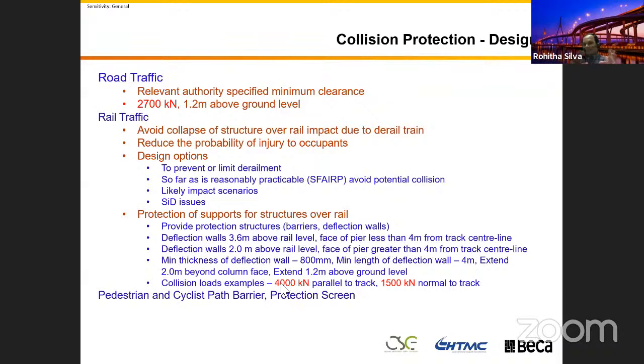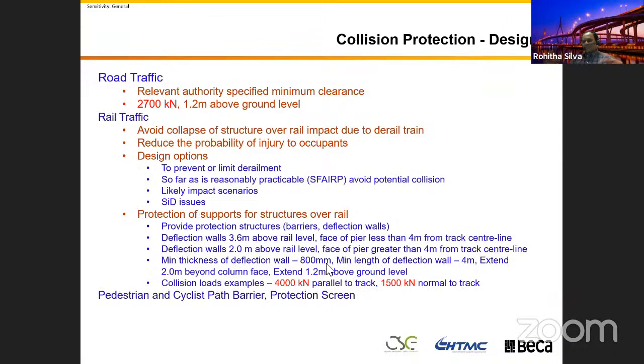The design force is 4,000 kilonewton and 1,500 kilonewton. And the simple solution, you can put a guardrail to make sure that your train is not derailed. It will be contained. It derails, but still it will be within the rail track, so it does not go and hit the train.